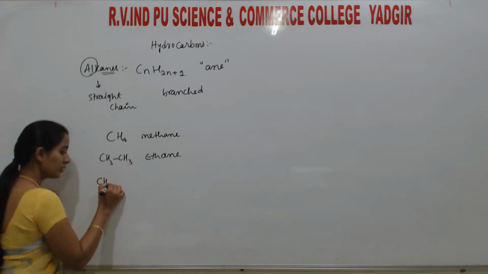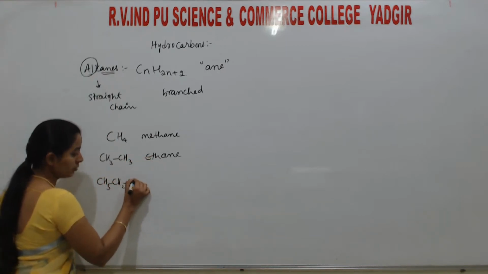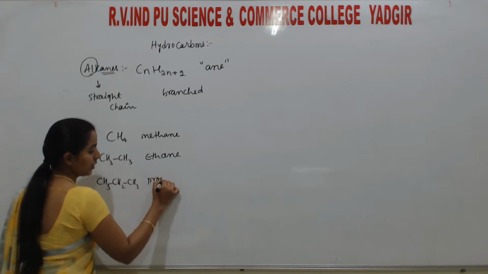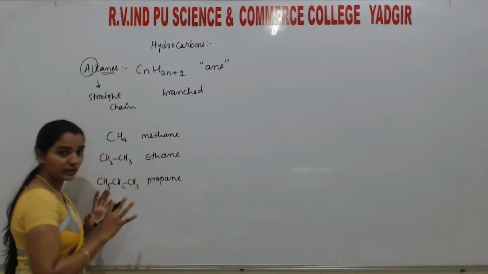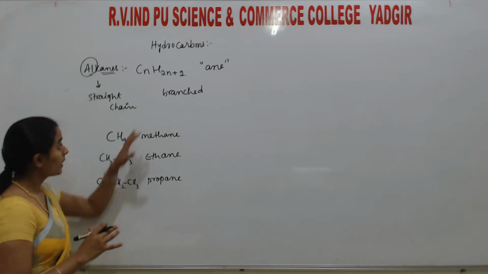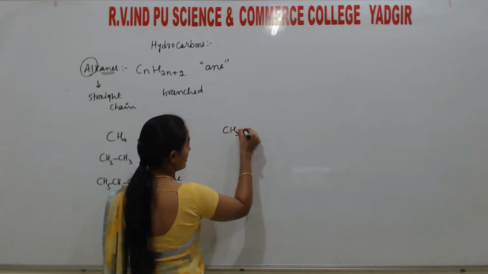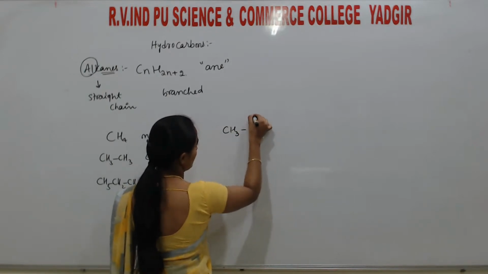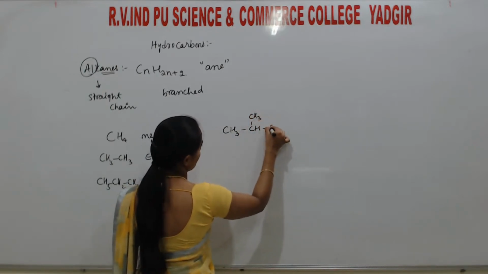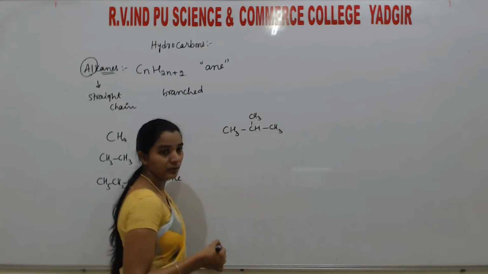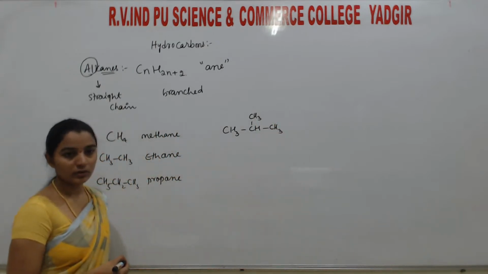Similarly, CH3, CH2, CH3, that is propane. We already studied this about the nomenclature. Now if branched, let me take an example: CH3, CH, CH3, CH. How do we name this?